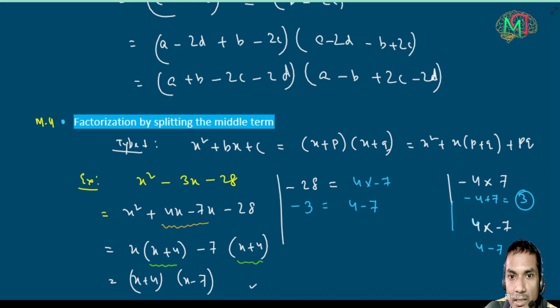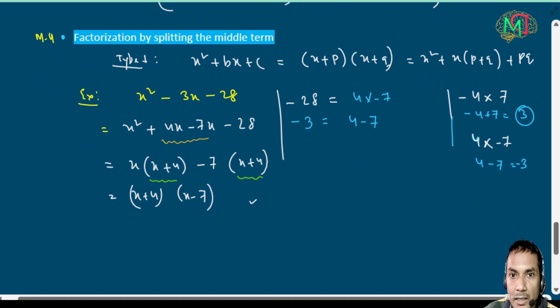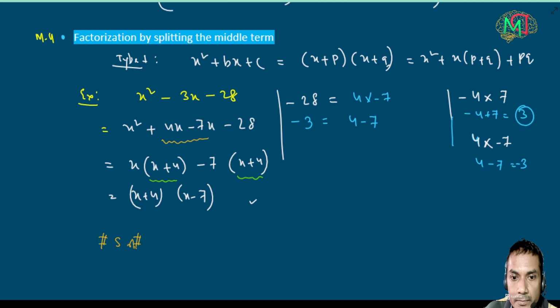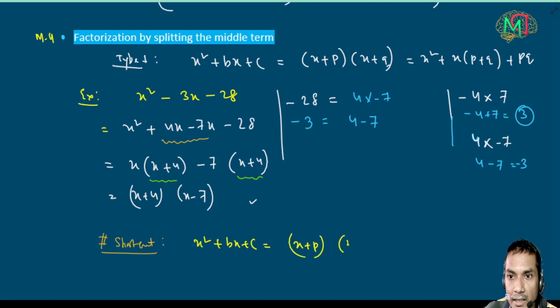So what is the shortcut actually? Shortcut is we know that x square plus bx plus c we can write as x plus p and x plus q, and here we get p equal to 4 and q equal to minus 7.